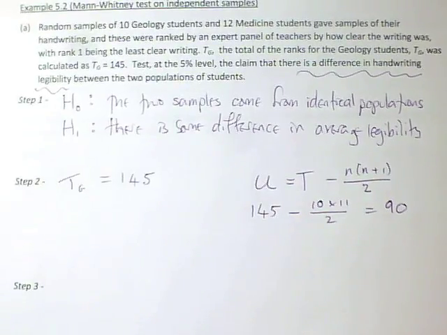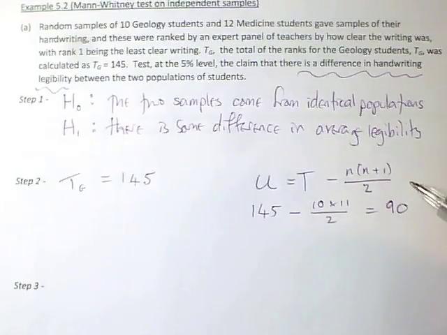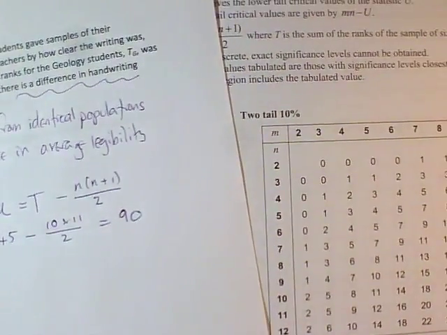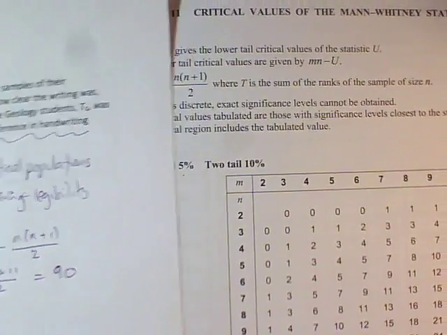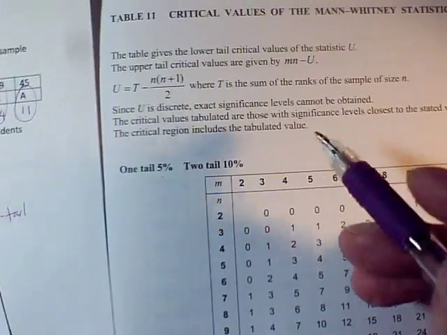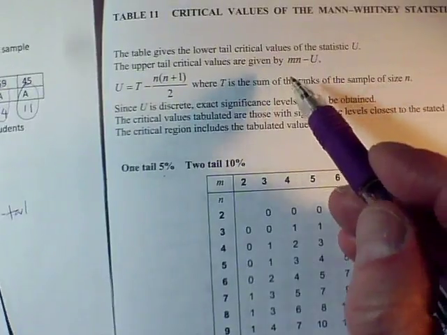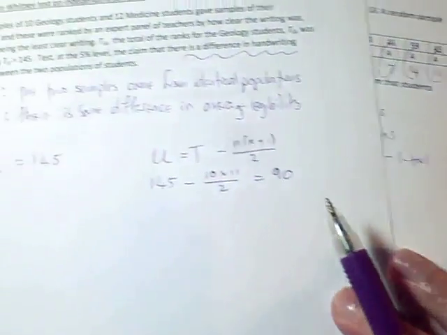Now if it's significant, that might be in one of the tails. Which tail might this be in? It could be the upper tail or the lower tail, but the table in the formula book works with lower tail critical values. To swap between the two tails, I need to do m times n minus my U value. So I've got a possible U value of 90.